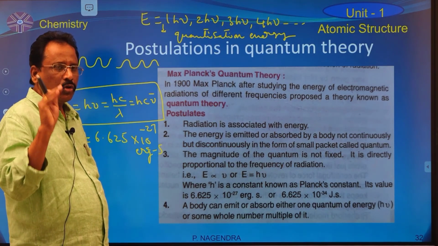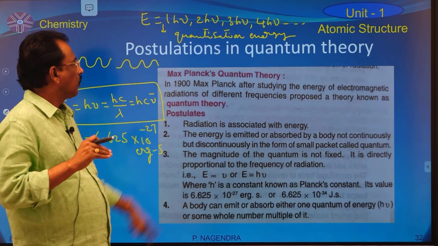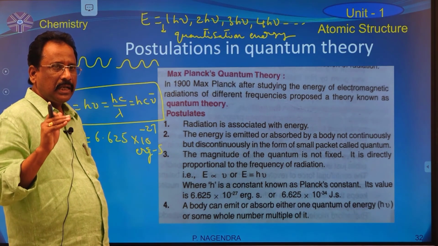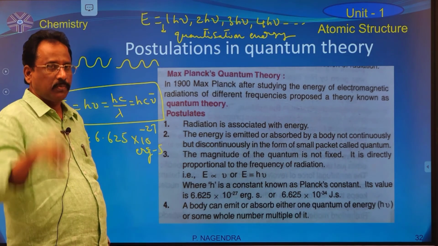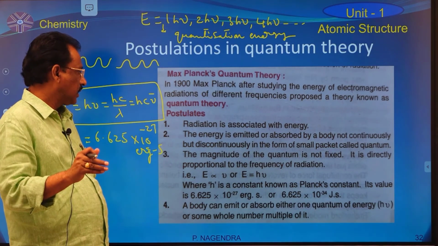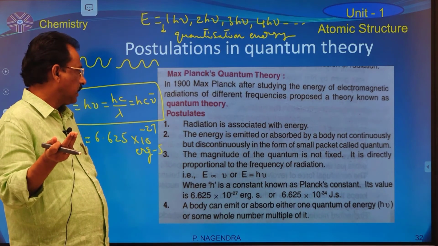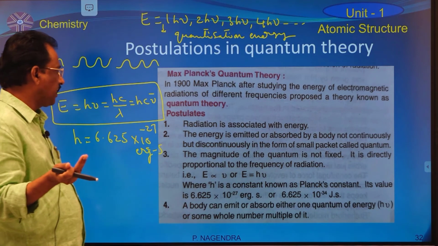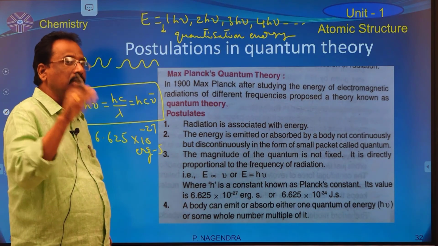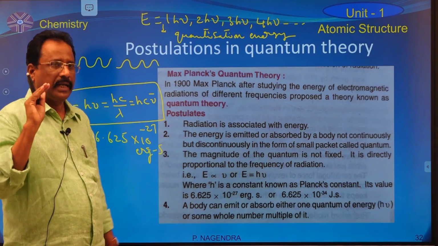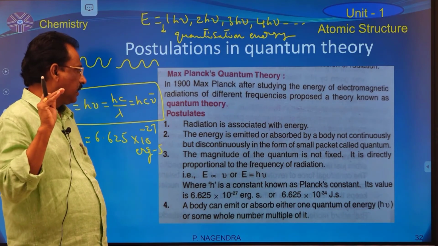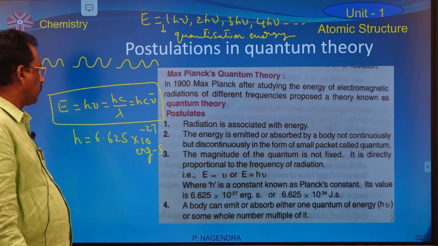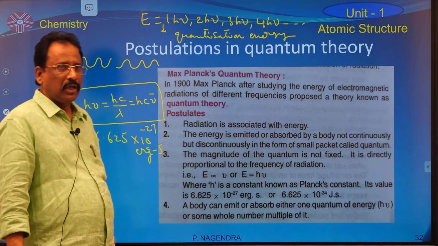Quantization of energy means fractional energy states are impossible. Why? Because a body can emit or absorb the radiation discontinuously, not in a continuous manner. That's why fractional energy states are impossible. So this is about Planck's quantum theory.